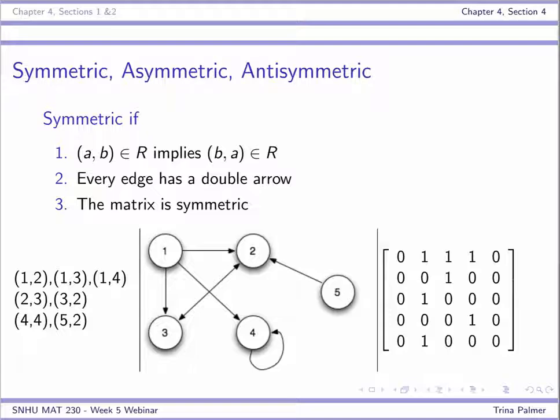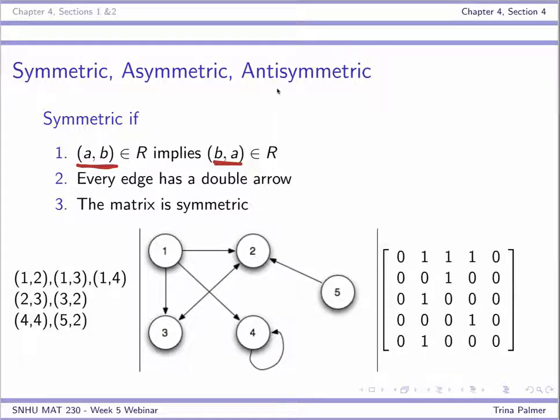Alright, the next grouping of properties are symmetric, asymmetric, and antisymmetric. So we'll start with symmetric. Symmetric means, the formal definition, is that for any A and B, if AB is in your relation, then BA also has to be in your relation.